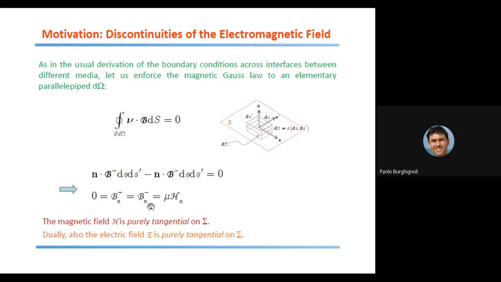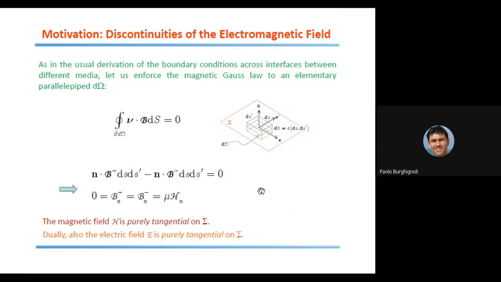However, since the medium we are considering relates the induction and the magnetic field through a positive constant mu, this also implies that the normal component of the magnetic field H must be zero on the negative side. So the first physical conclusion we have is that on the surface of discontinuity sigma, the magnetic field must be purely tangential because it has no normal components on both sides.